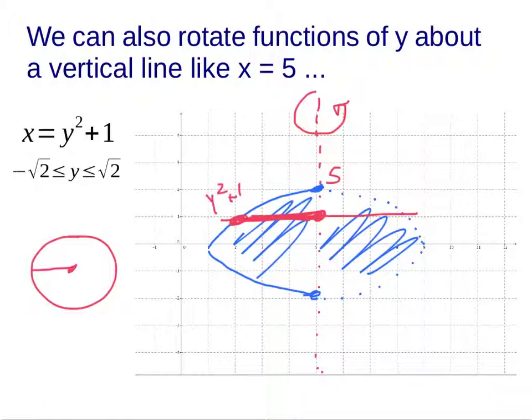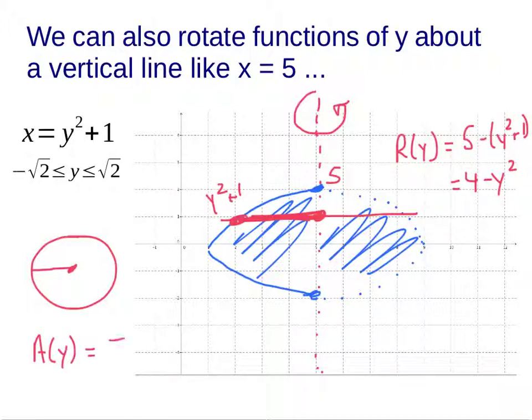So our radius, r of y, is actually 5 minus y squared plus 1, which we can call 4 minus y squared. There's our radius. So our area function, A of y, is pi times 4 minus y squared squared. You have to square the radius. So that's going to be an interesting little integral.